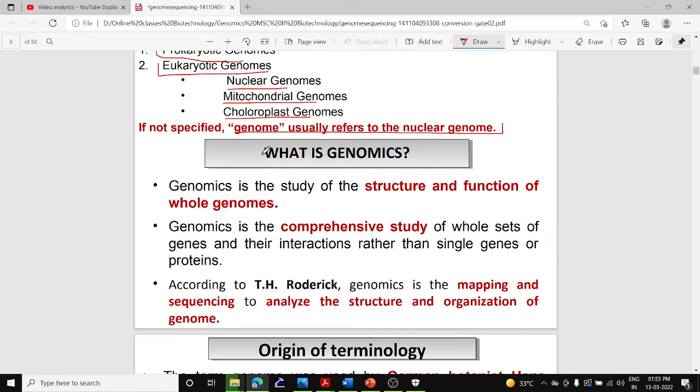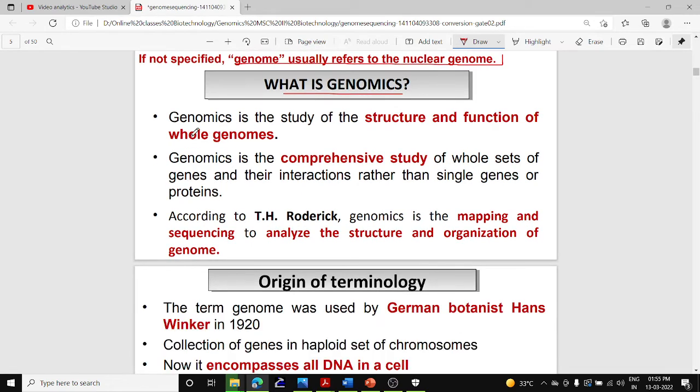Now, what is genomics? We saw that in our introductory lecture, but we'll repeat it. Genomics is the study of the structure and function of the whole genome. It is the comprehensive study of whole sets of genes present inside the genome, and their interaction rather than a single gene or protein.